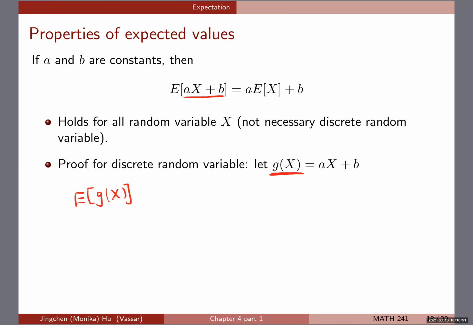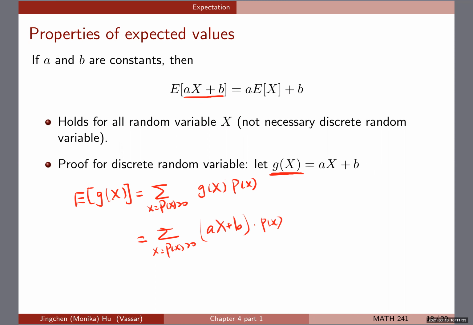If I'm trying to get this, because there's only x over here, I will just write p(x), and then we're going to have g(x) times p(x). So g(x) is ax plus b, times p(x).